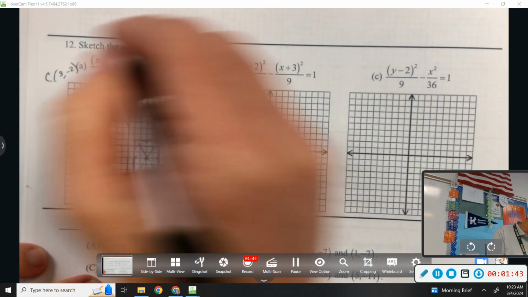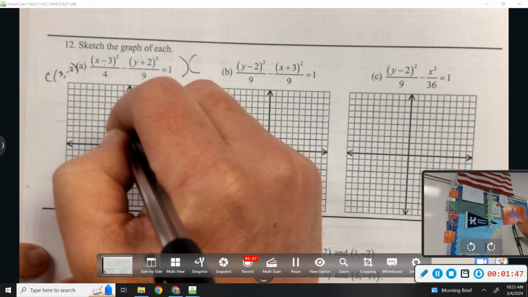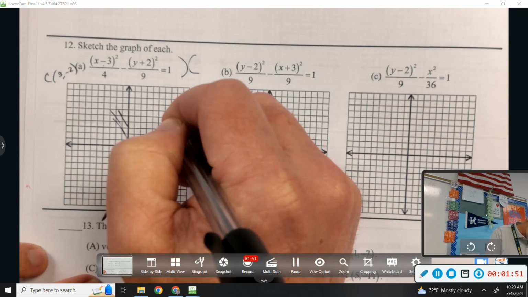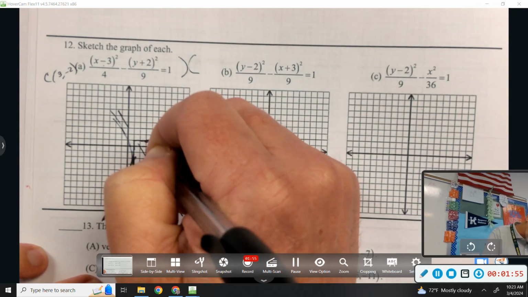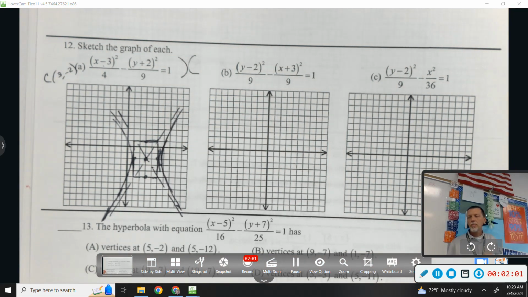So x is first, so I know it's a left and right hyperbola. And oh, that's all it asked for. But I could easily find the vertices, the foci, on and on and on.